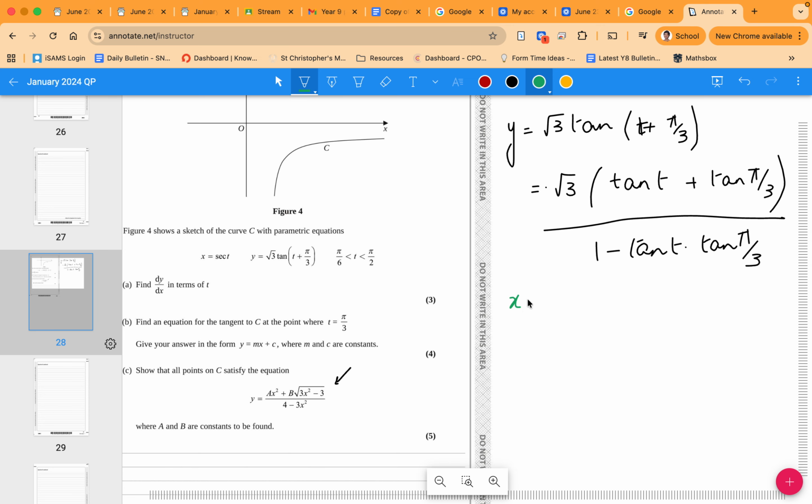So x equals sec t. We know there's a relation between sec and tan. If I square this, I get sec square t, and 1 plus tan square t is actually sec square t. So there you go, and then x square minus 1 will be tan square t.